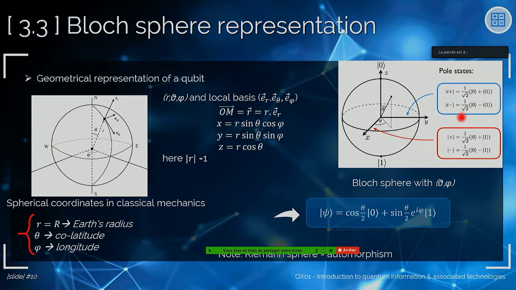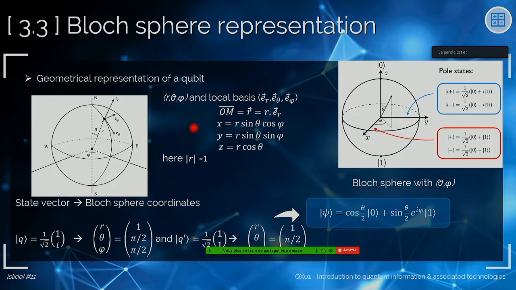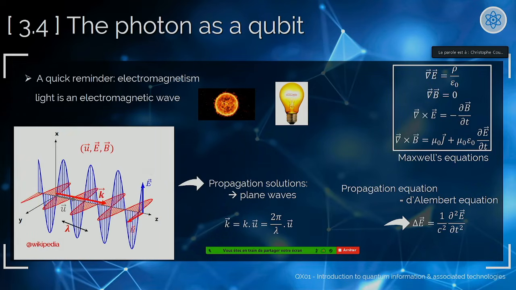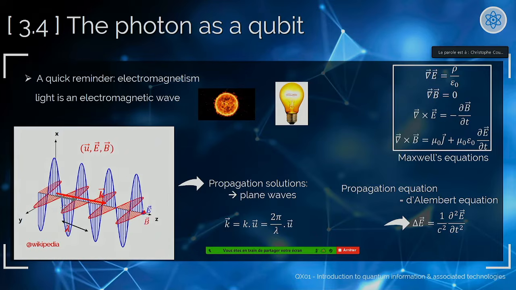Okay, and the general state of this alpha 0 plus beta 1 can be written like so for a qubit, where you have theta and phi, the two angles here that we see again in this representation. And I gave you an example here of a particular qubit and what theta and phi have to be in order to get that qubit. Right. And then we're going to come back to that with some demonstration.